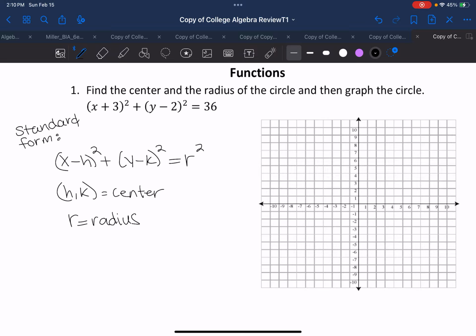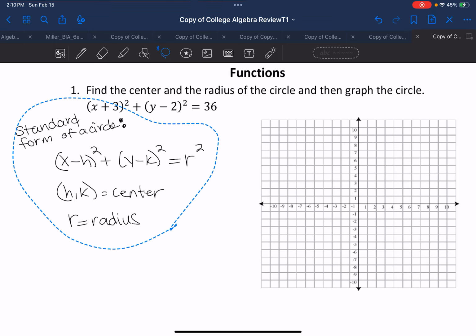So this is the standard form of a circle. I guess I could include that. This is something you could have on your formula sheet or flashcard.